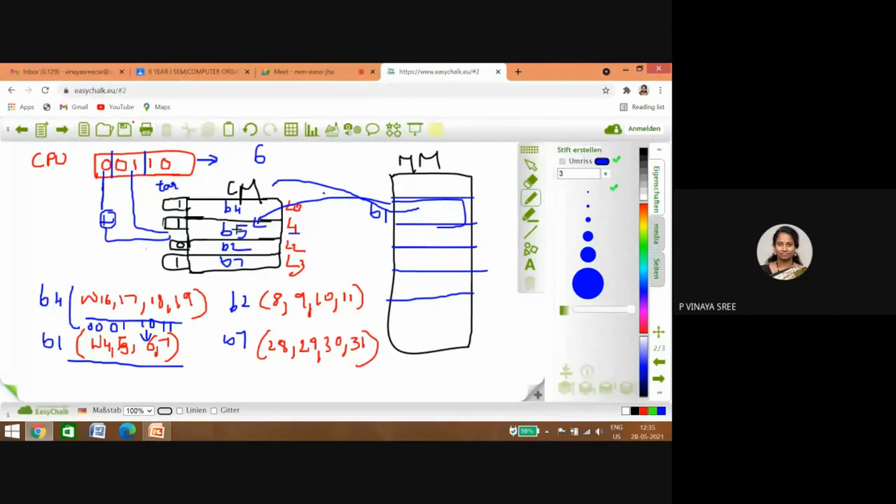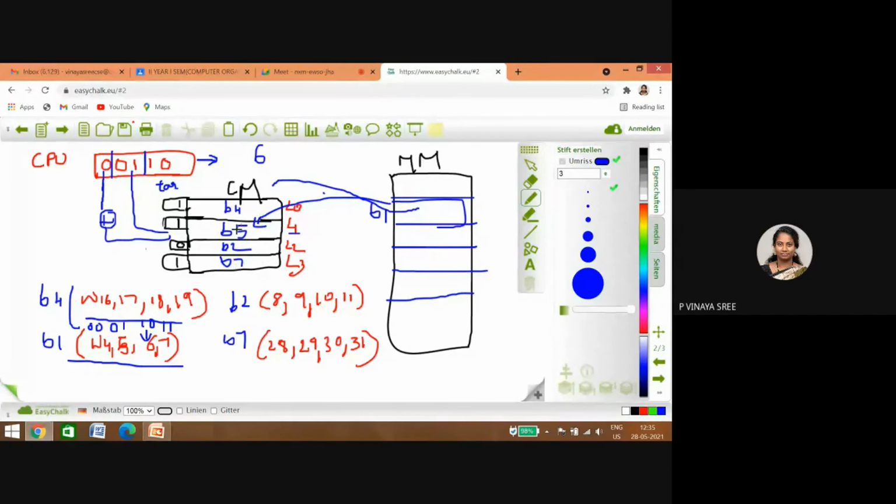If this is the example that we have considered and it is a miss, then this will be divided into two partitions. This is your block number, this is your offset. So it has to go to block B1 for getting this word 6. Is that okay? See here, it requires word 6. If there is a miss, in main memory, to which block does it have to go for getting this word?